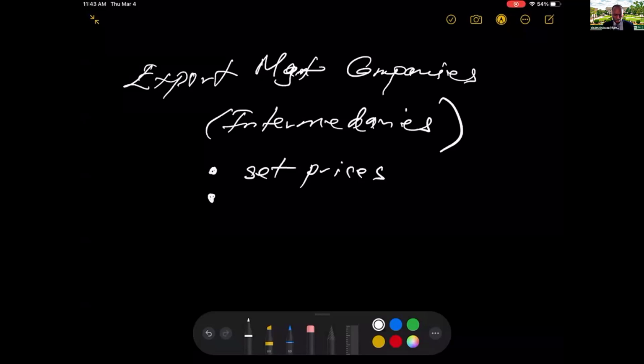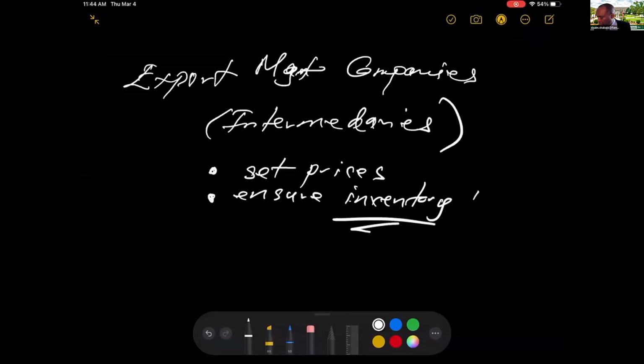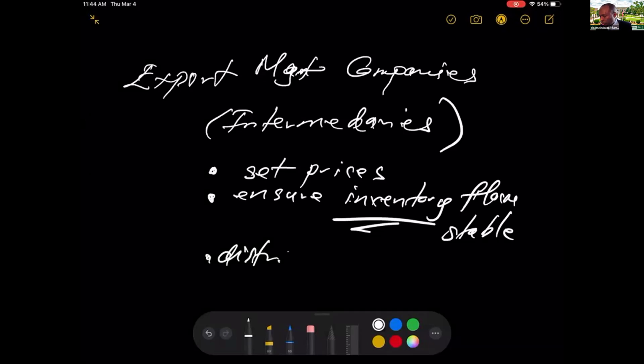They will also ensure that your inventory flow is stable. Basically, inventory management. They will manage your inventory for you. They can also act as distributor, and of course, also essentially a marketing rep.